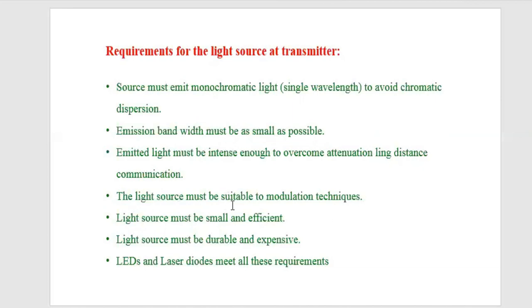The light source must be suitable for modulation techniques, small and efficient, long durable, and less expensive. Generally LEDs and laser diodes are used as light sources.